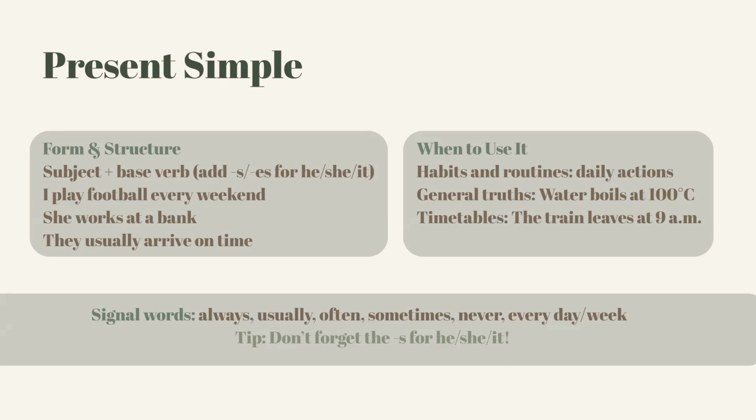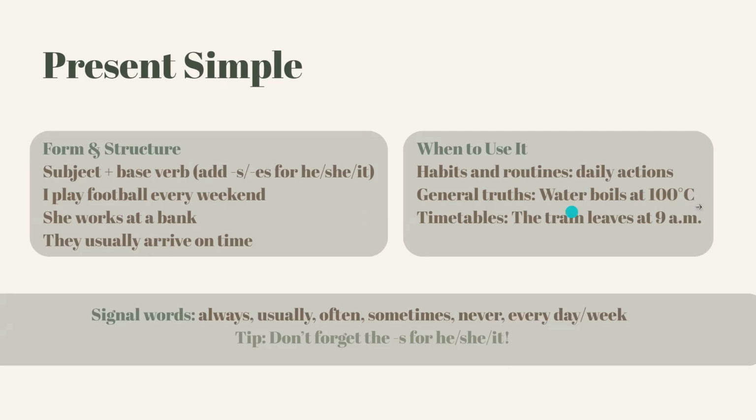So there is always, usually, often, sometimes, never, every day, once a week, once a month, maybe once a year. Like, for example, let's say that I go on holiday with my family once a year, but it's a habit of ours. It's a tradition that we made. We do it every single year, so we can form that sentence in present simple, basically.